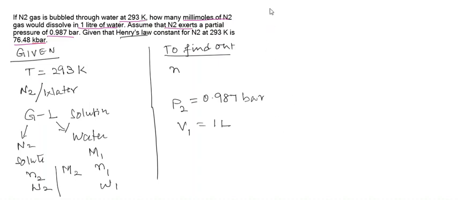Now what is the equation, or what is the concept behind this? Henry's law. So we know already chi2, which is nothing but the mole fraction of the gas dissolved in the gas liquid system, is equal to P2 divided by KH, where P2 is the partial pressure of the solute, that is nitrogen here. How did we bring this equation?